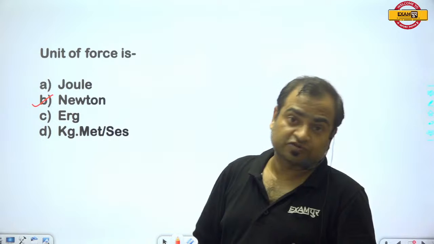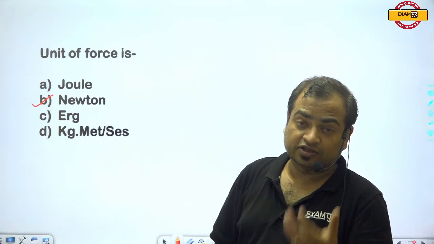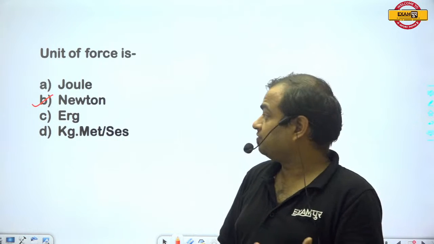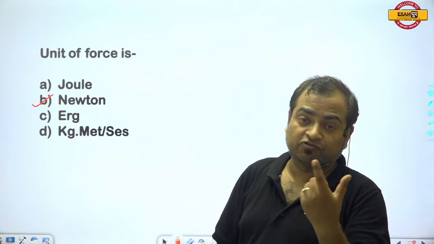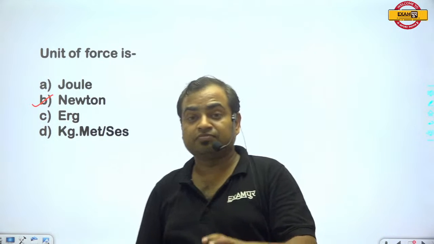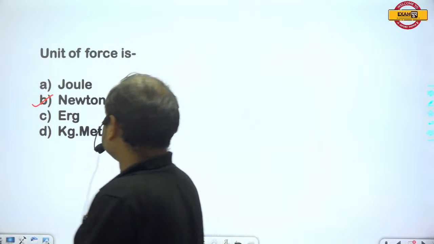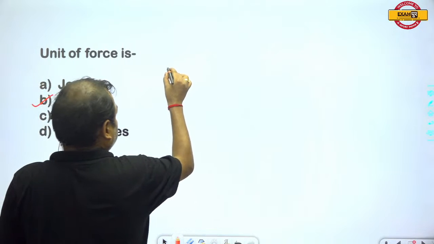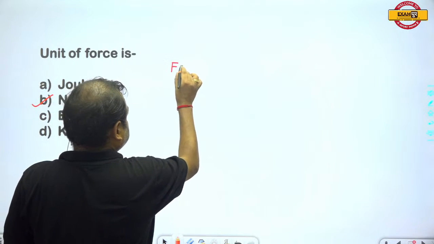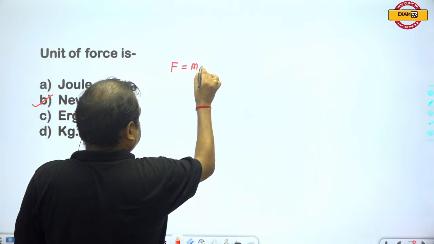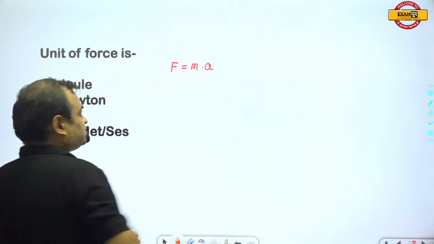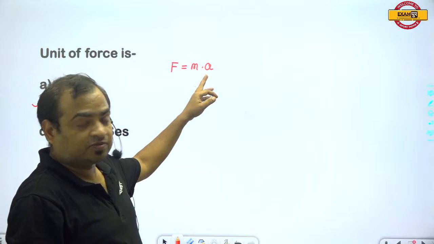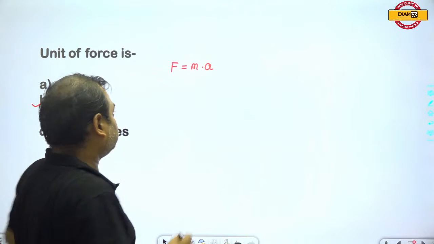First of all, we should know how we can write the value of 1 Newton in terms of kilogram, meter and second. We all know that force is equal to m into a, where F is the force, m is the mass of the body, and a is the acceleration of the body.